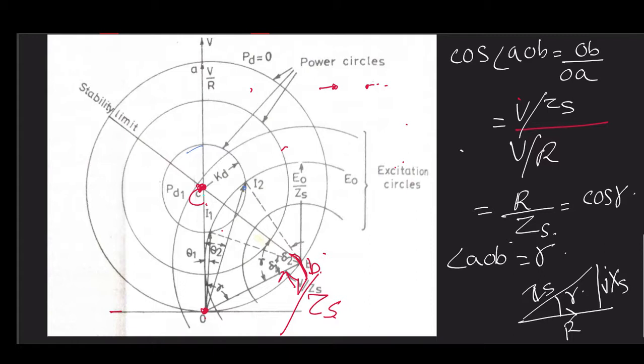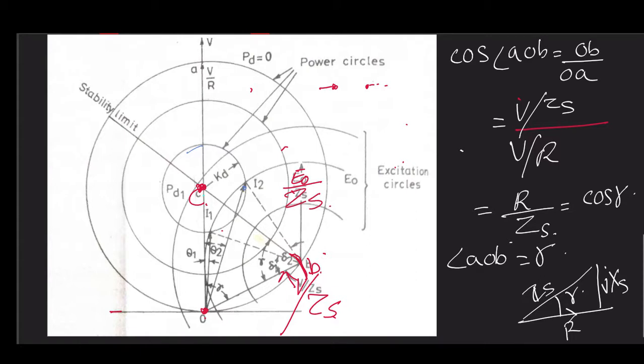Now if I ask you about the plane of this diagram, although we are talking about power, sometimes it is excitation. This plane is actually the plane of current. Now for this excitation circle, the radius is E naught by ZS.